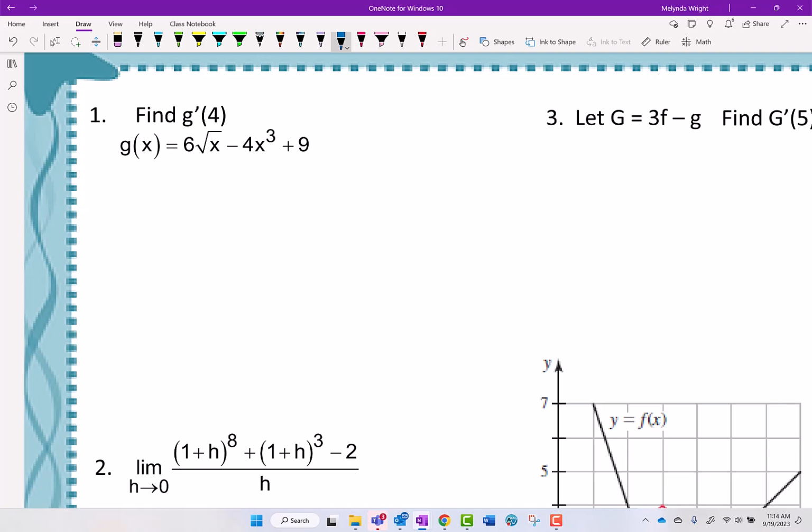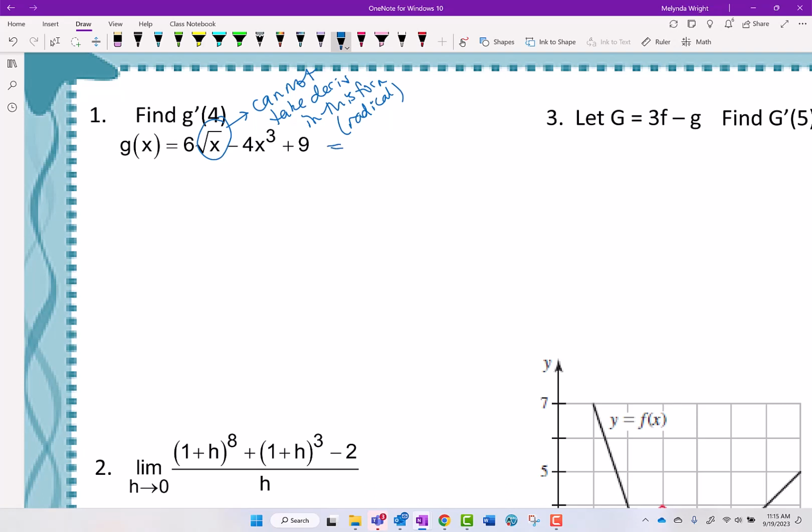The first thing is, we cannot take derivatives in this form, and what I mean by the form is radicals. We can't take the derivative of a function in radical form. We have to change it to exponents. So that's the first thing I'm going to do.